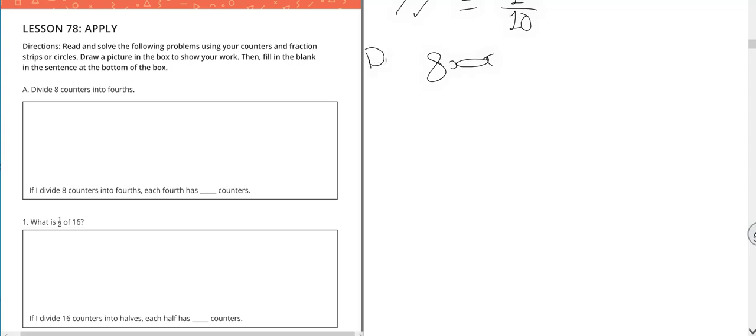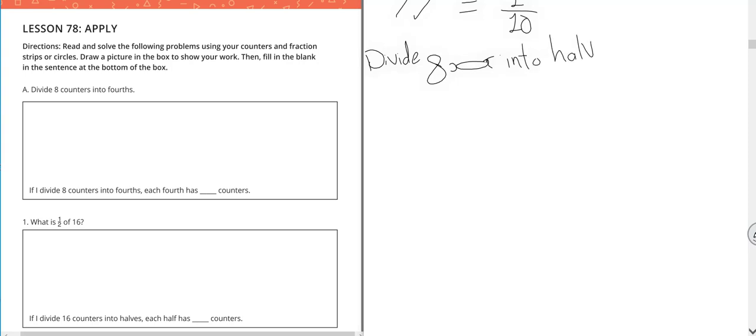Divide 8 candies into halves. We know that 1 whole equals 2 halves.